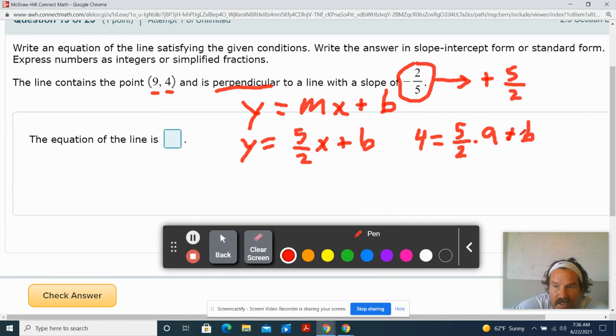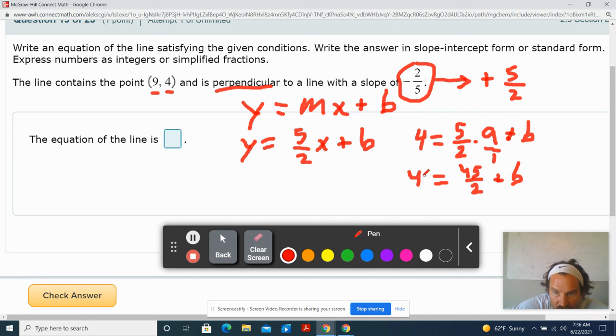So this is the same thing as I got through doing the last problem, is I need to multiply this out. I'm going to put the 9 over 1. So this is 9 times 5 is 45. So it's 45 over 2. And plus b. And over here I have 4.